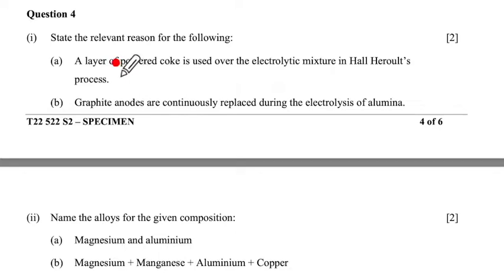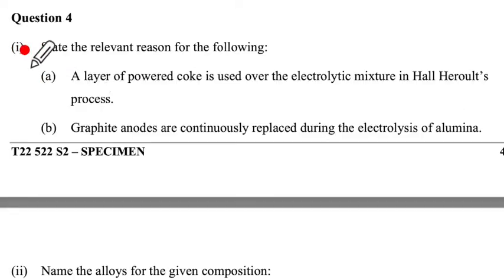Let us come to question number 4. First part, again this is of 2 marks, so 1 mark for A and 1 mark for B. A layer of powdered coke is used over electrolytic mixture of Hall-Héroult's process. The powdered coke, what does it do? There are 2 functions.